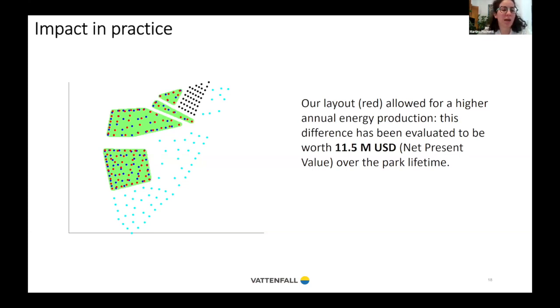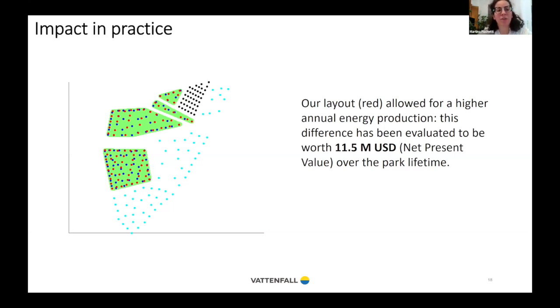We are particularly proud of this layout because Vattenfall won this tender using our operations research tools, among others, of course. And this is a key site because it was the first site where they bid subsidy free. So it was the first site that was constructed subsidy free.